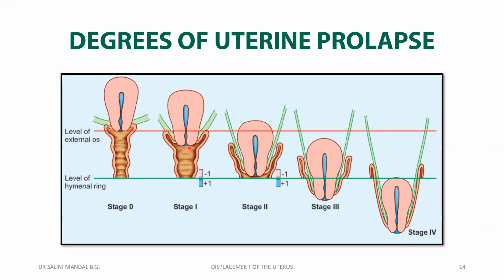But the external os remains inside the vagina. Stage 1. Now, in the second degree, the external os protrudes at the vaginal introitus, but the uterine body is still remaining inside the vagina.